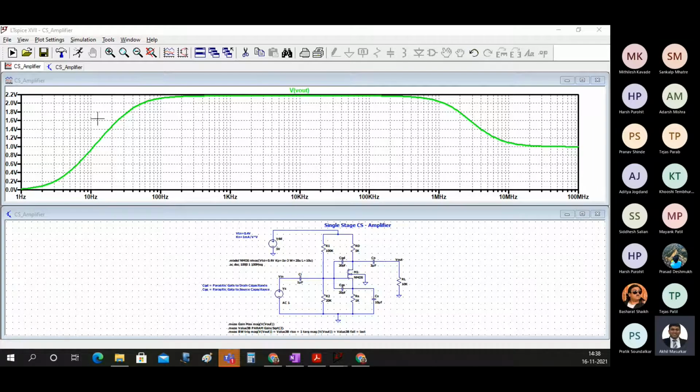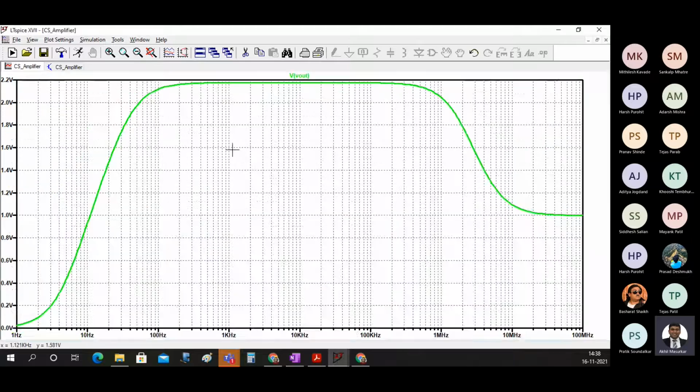So now, as an engineer, you should ask me one question: you are saying that this is gain, but the unit is in volts. How can that be gain? In lecture you told us that gain is unitless. Can you make this observation?